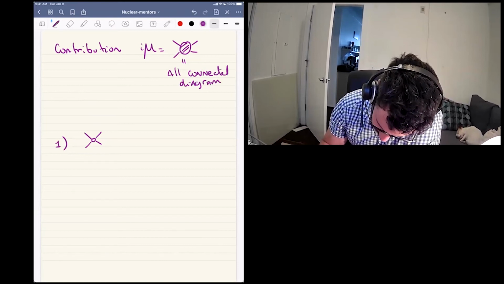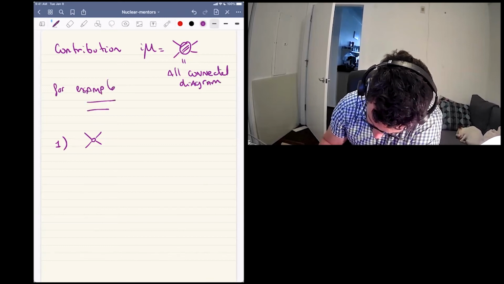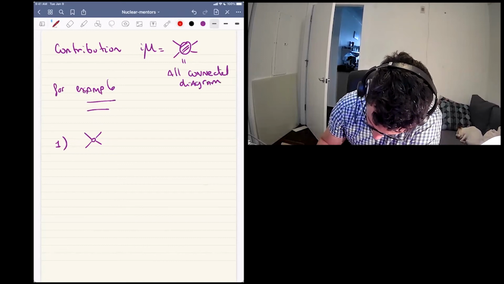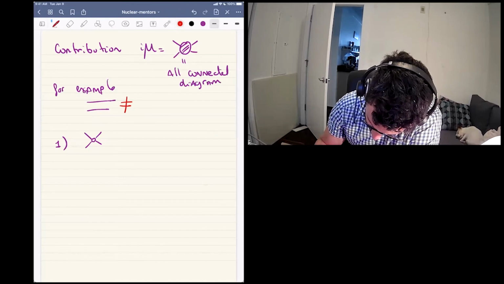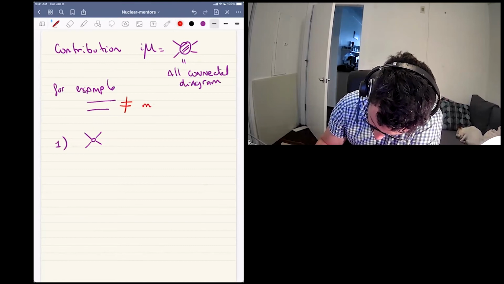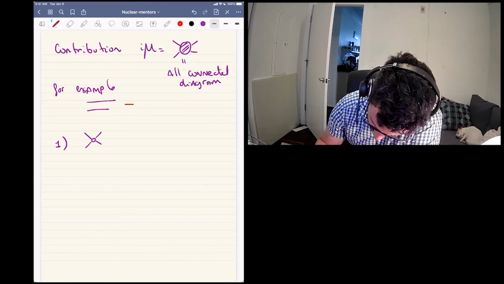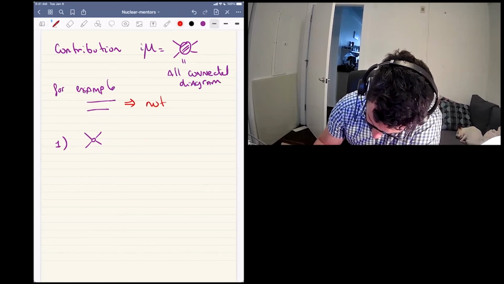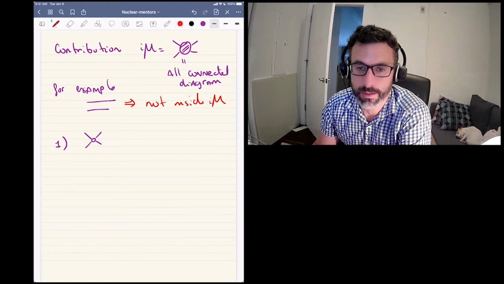So for example, this is not inside M because it's not connected.